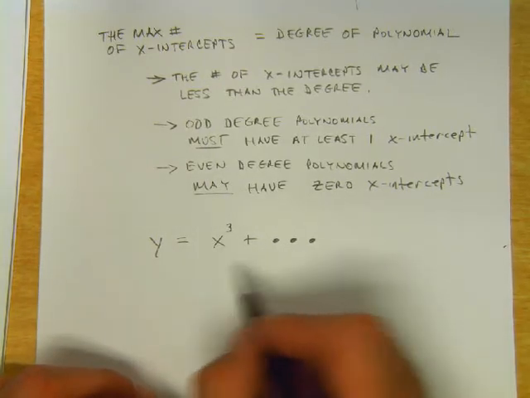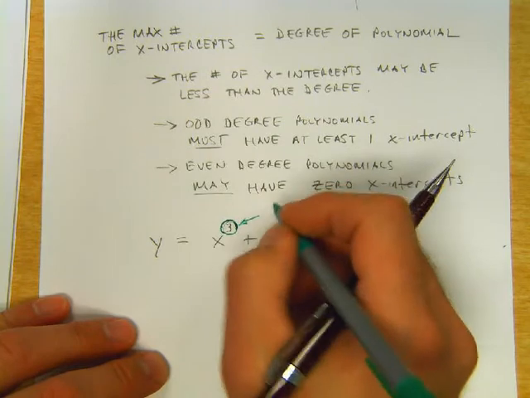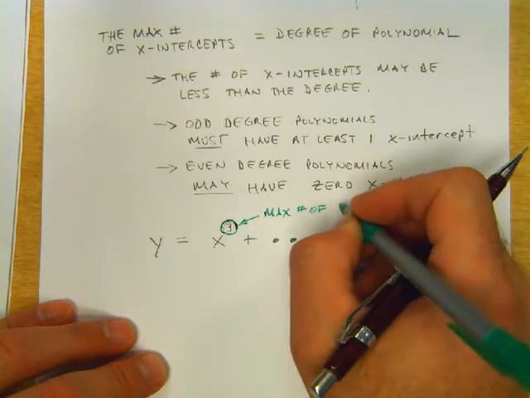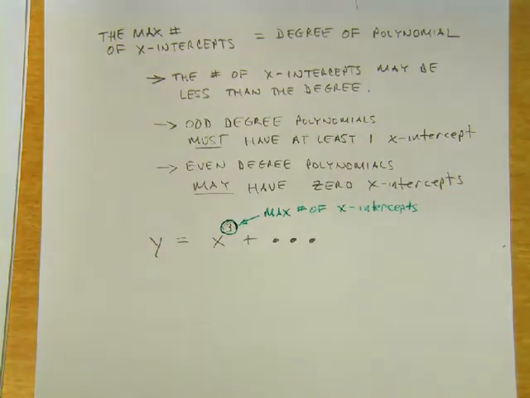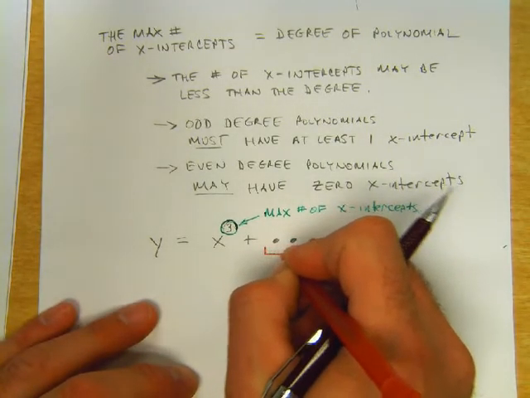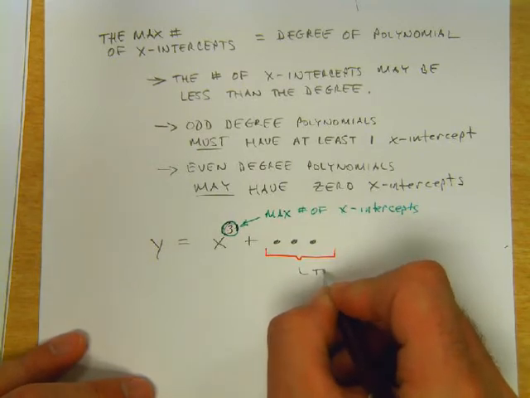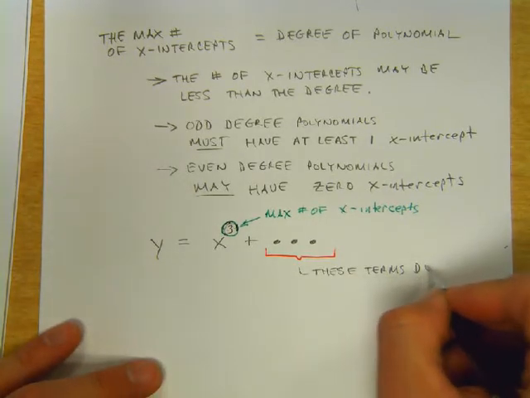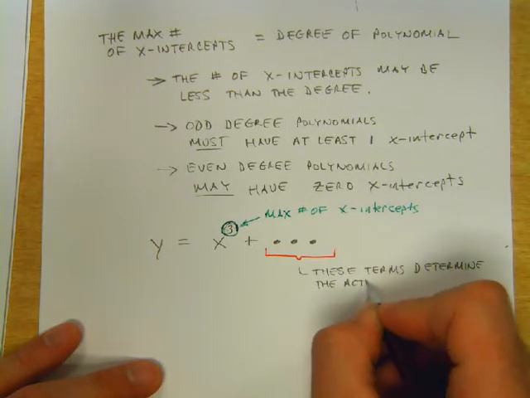This number determines the max number of x-intercepts, and then these terms determine the actual number of x-intercepts.